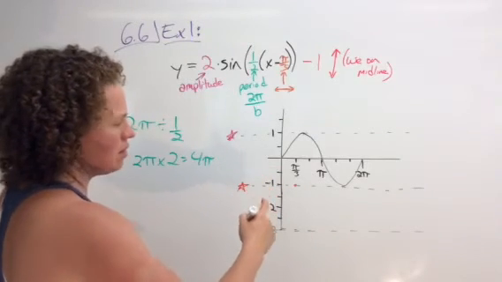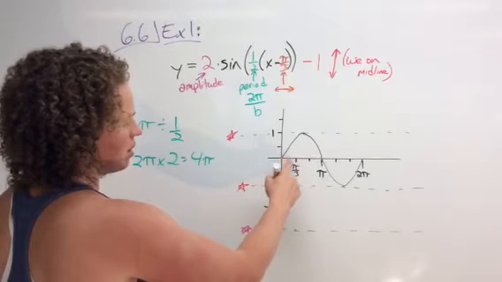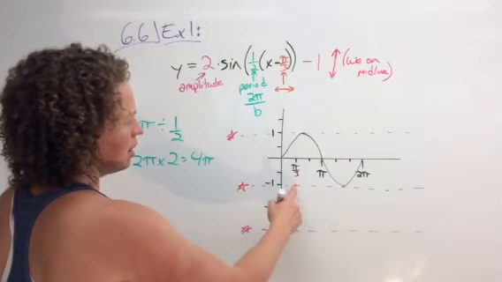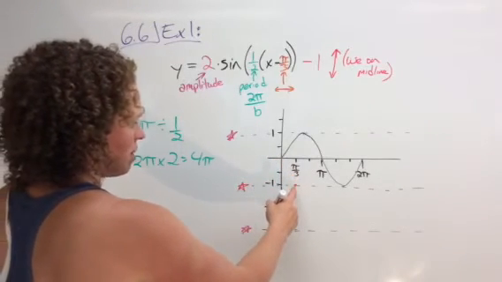That's how I figure out my starting point. So I had to do it in 2 steps. I went, this was my starting point. It shifted over, but it was on the midline, so I have to drop it down to the midline. Now that's my new starting point. Now I know that that point goes there.